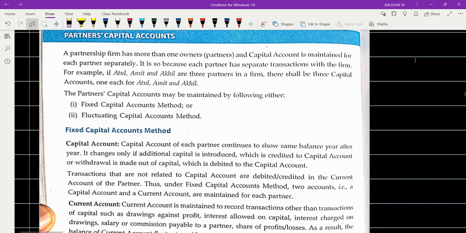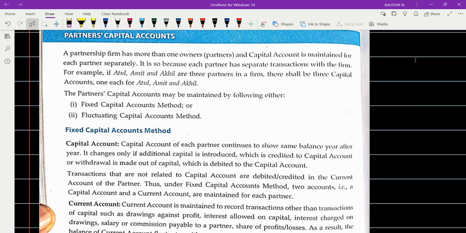The reason is you know very well how to calculate the remuneration or commission to a partner, because these items will go to a partner's capital account. You also understood how to distribute the profit and the loss to a partner. Even that is also a part of the partner's capital account.